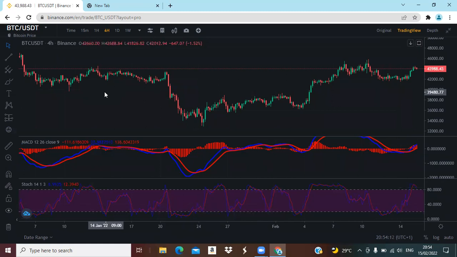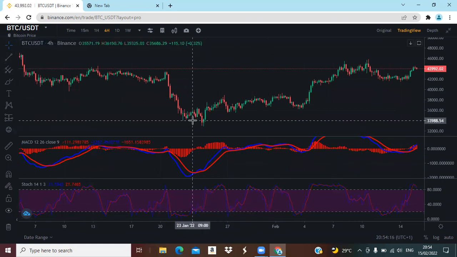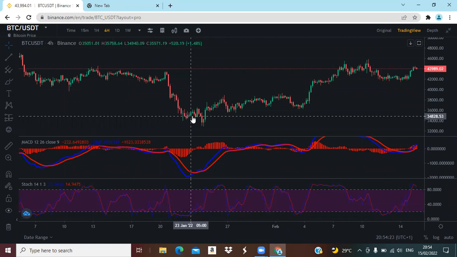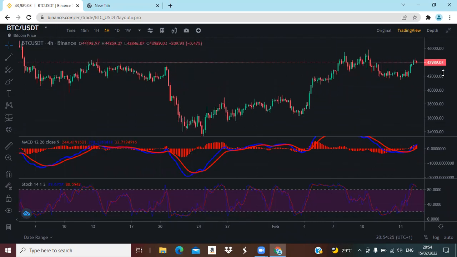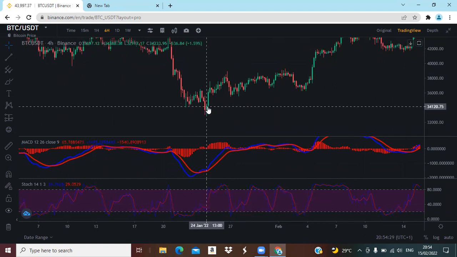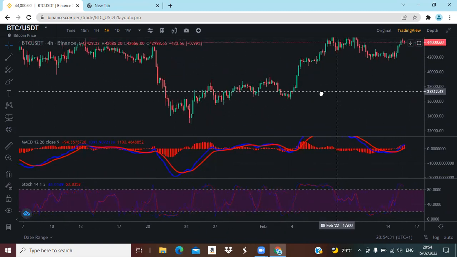This will give you a nice entry. So around this area is where you're supposed to take a trade for the market to go. Even though you take a trade here at this point, market goes up, comes back down, and still moves in your favor.